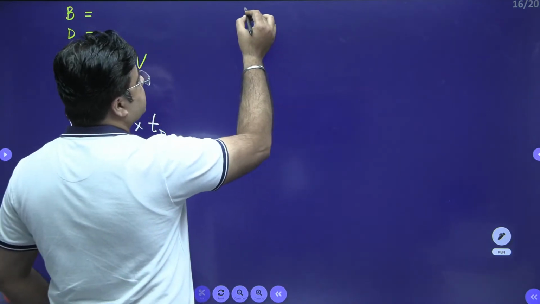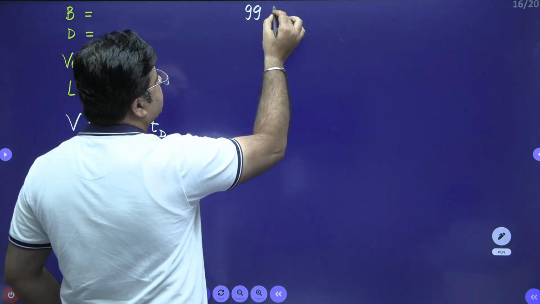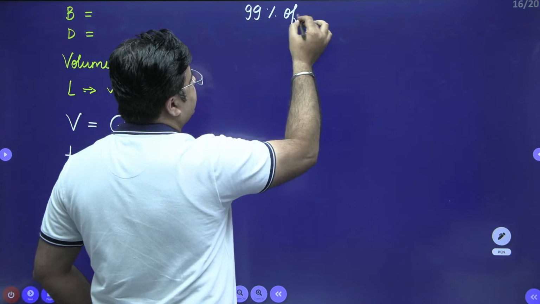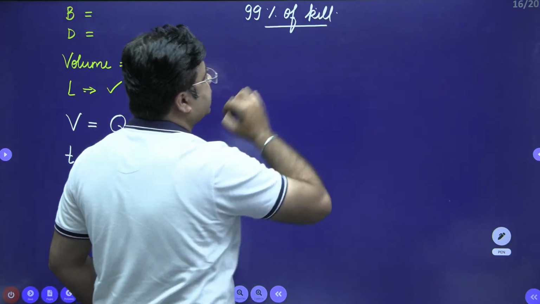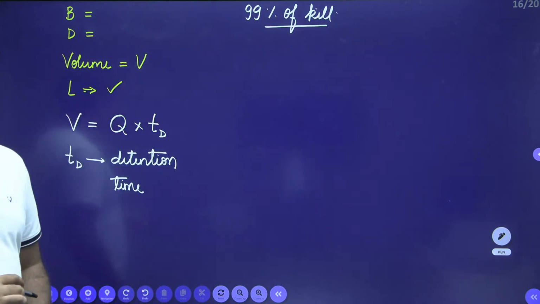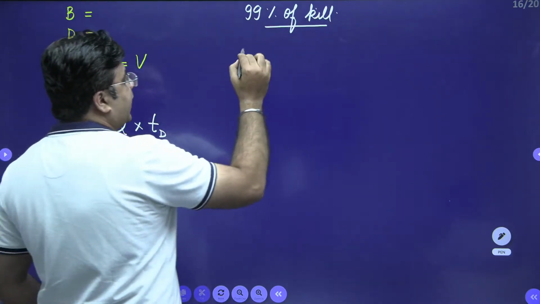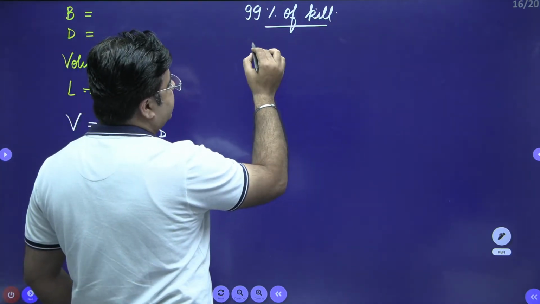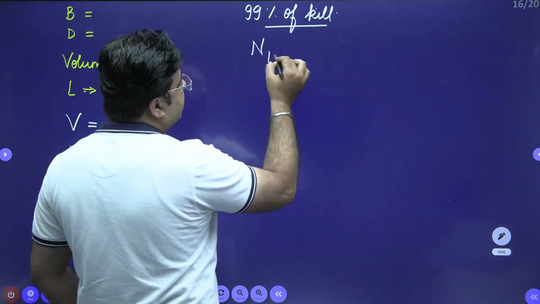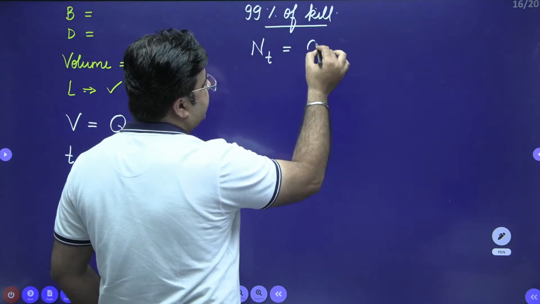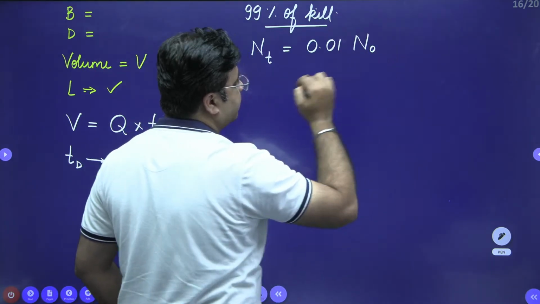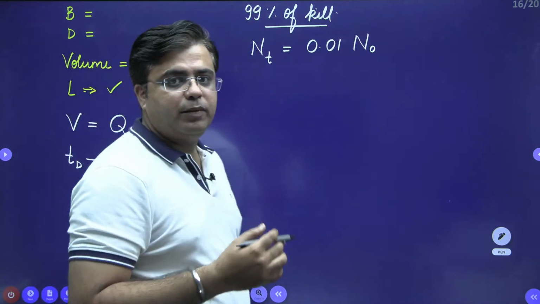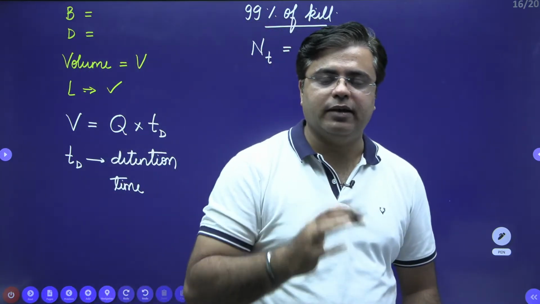In the question it is given that 99% of kill is taking place. Means the efficiency of disinfection is 99%, right? So the time taken by the disinfectant to make the number of microorganisms remaining in the system 0.01 times N naught is what we mean by 99% kill.